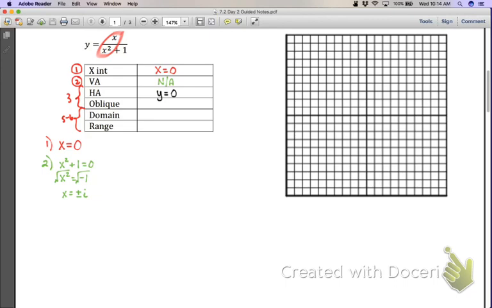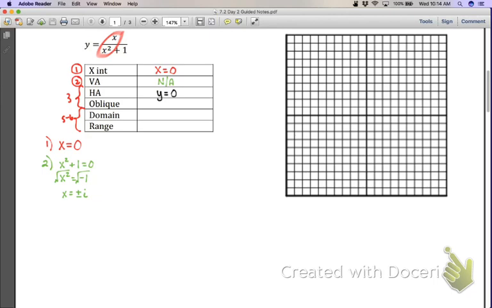You have x to the first on top, you have x to the second on bottom. 1 is less than 2. So then it fits that first bullet there. Every time, if the top degree is smaller than the bottom degree, it is going to be y equal to 0.